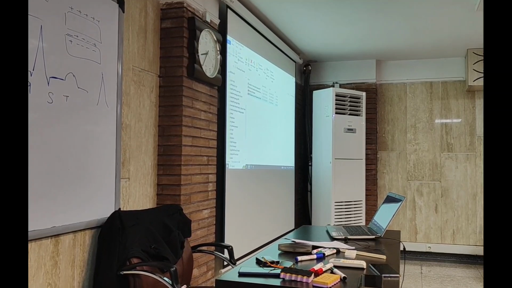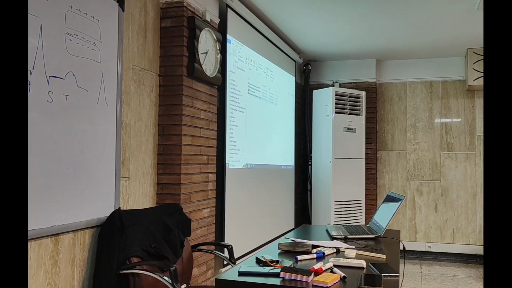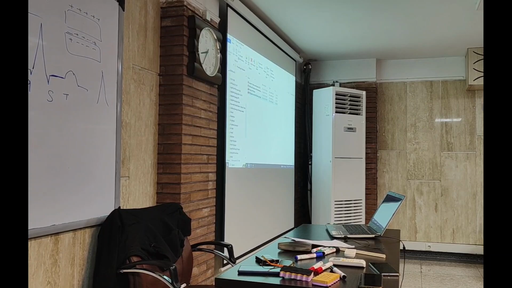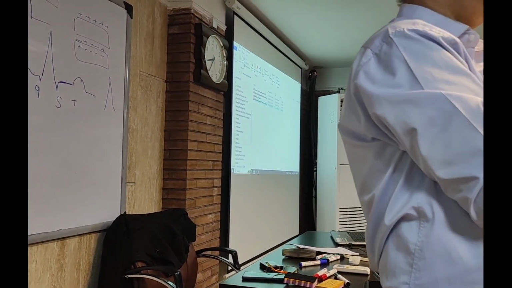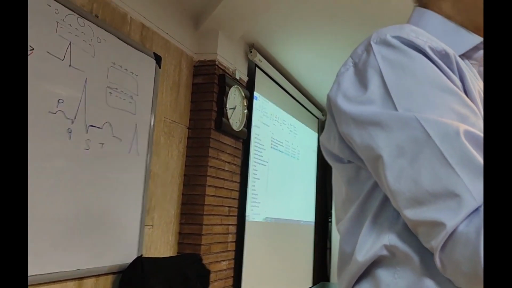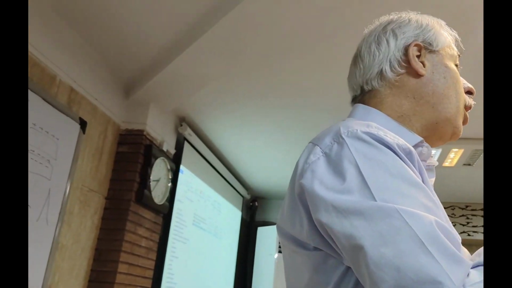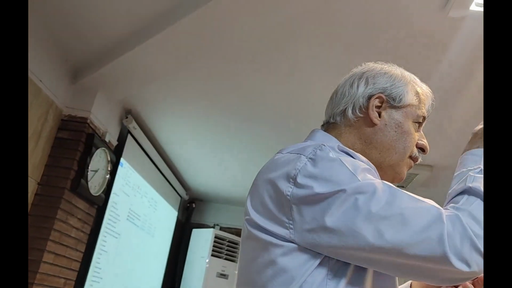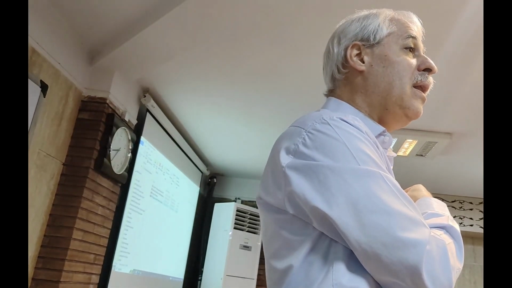1, 2, 3, AVR, AVL, AVF. Since they are very weak, Dr. Einthoven augmented them and called them augmented vector for right hand, AVR, augmented vector for left hand, AVL, and augmented vector for left foot, AVF.